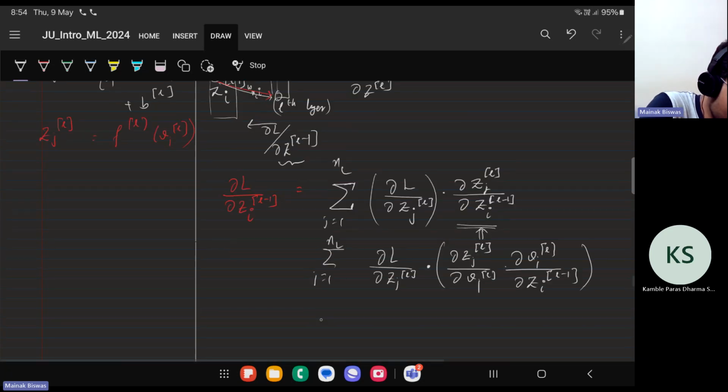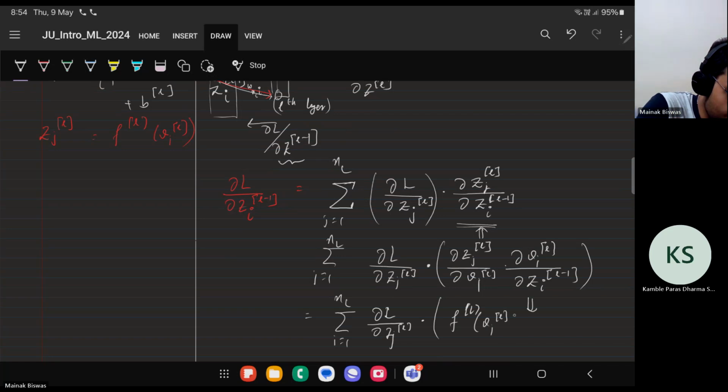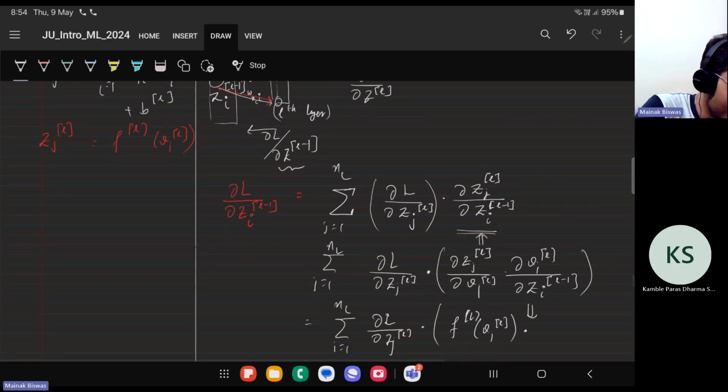So what is this going to be? This is going to be the sum over j equal to 1 to N_L of dL/dZ_j of L times, this value we have calculated in the previous example, times what do you have?